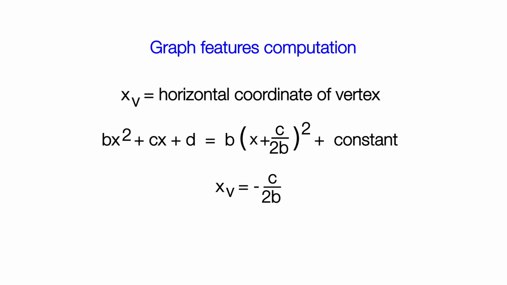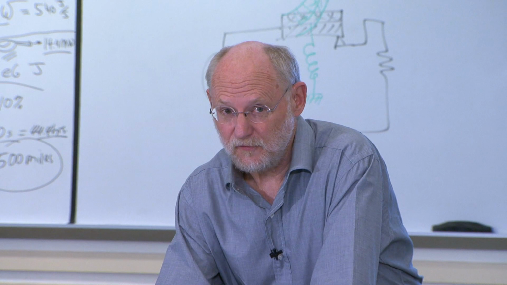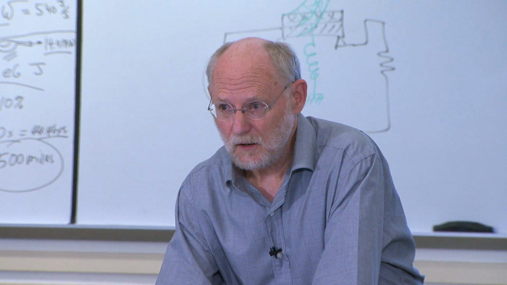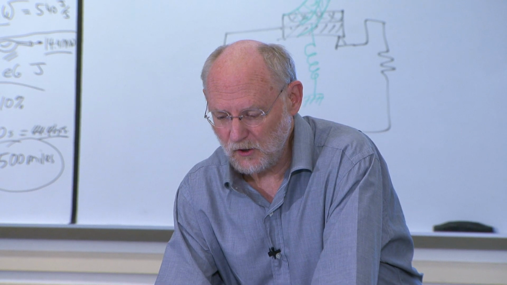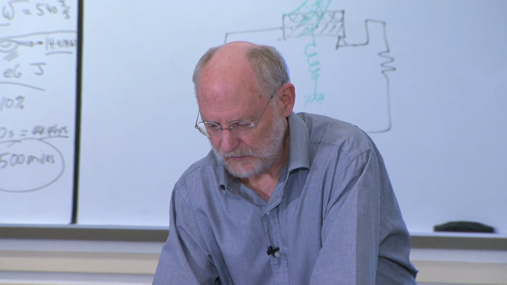Now let's go back to that formula again. There's c over 2b. That b, the coefficient of the x squared, comes into this formula too. And this says that the vertex should move a lot more if b is small. If the denominator is small there, then x of v will change more when I change c.